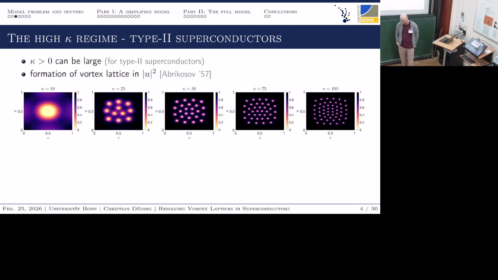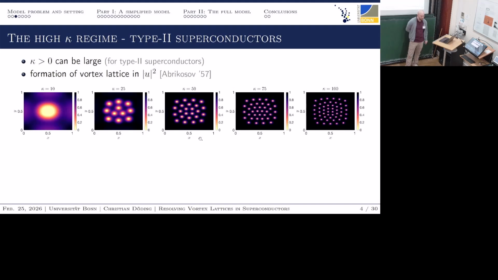So here you see some examples of minimizers that I just computed for several values of this Ginzburg-Landau parameter kappa, running here from 10 on the left to 100 on the right, and you actually observe these vortex structures that I talked about, and they form in the order parameter.